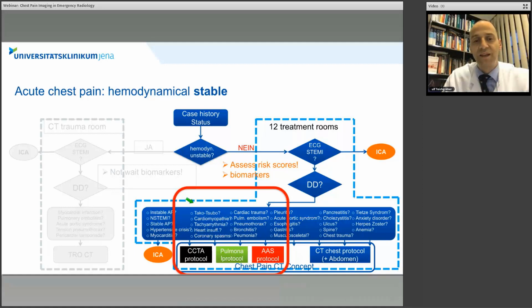But once you have clinically the suspicion of one of these three main diagnoses of a pulmonary embolism, of an acute coronary syndrome or acute aortic syndromes, you are in the dilemma that you have to decide for one of the three protocols where I want to go in detail about.